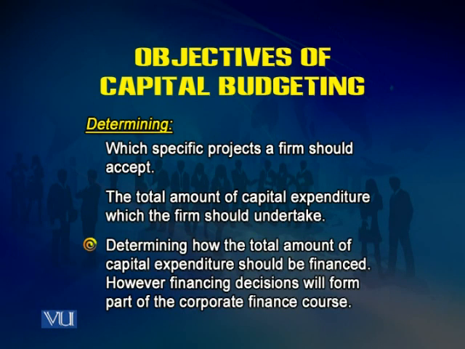One, to determine which of the projects should be undertaken. If you have a project in front of you, there are proposals, then how to decide whether or not to accept that. Secondly, the other objective of capital budgeting. So this is a capital budgeting, and this capital budgeting essentially is your capital expenditure plan.